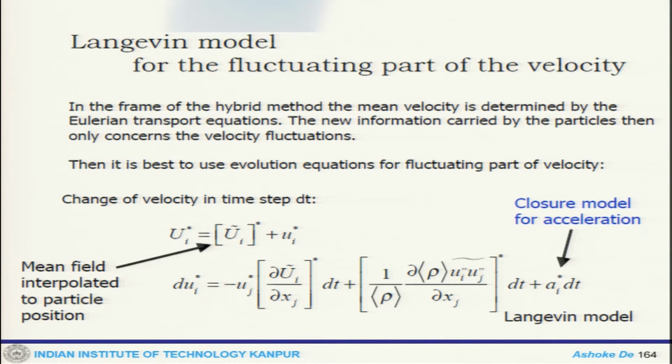Now, the Langevin model, if you look at the fluctuating part of the velocity, where the mean velocity is determined in the Eulerian framework, but in the particle framework, the change of velocity of the particles is due to the mean field and then this modeled component, where the change is approximated by the velocity gradient, flux and the acceleration term, which is closed by the Langevin model or generalized Langevin model.